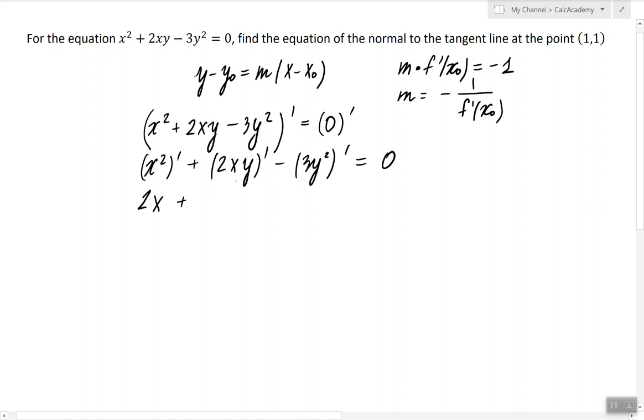When differentiating implicitly, we treat x as a variable, and y we have to treat as a function whose derivative is unknown. So when differentiating a product, we use the product rule.